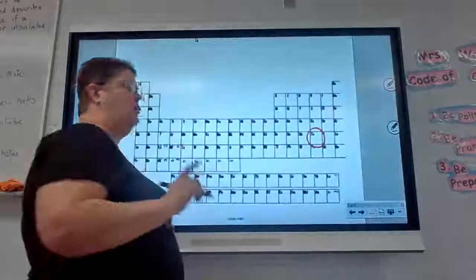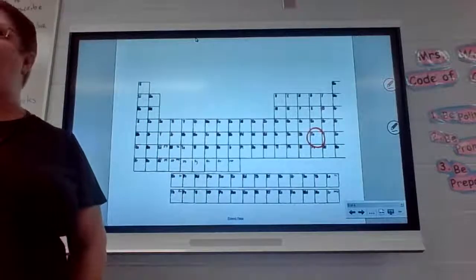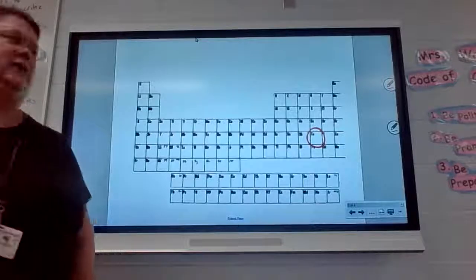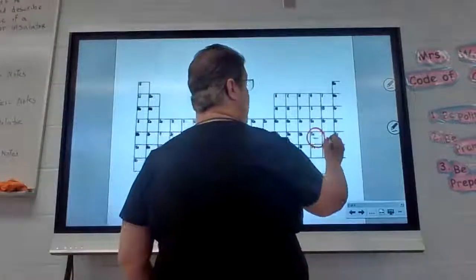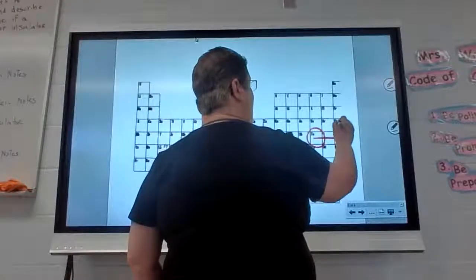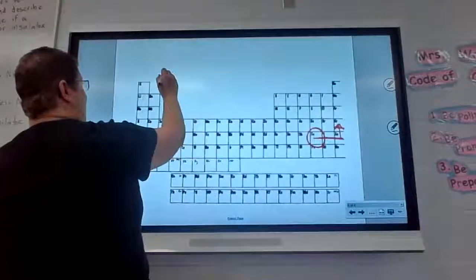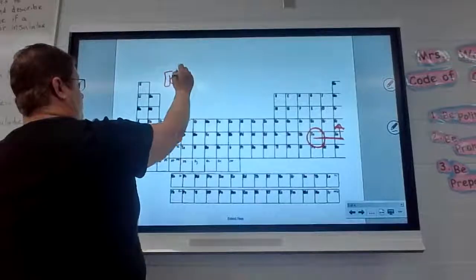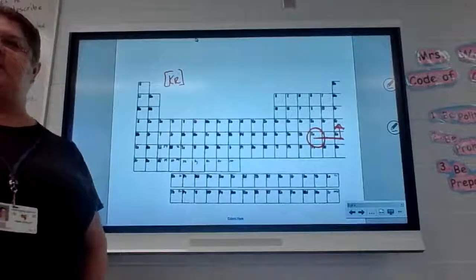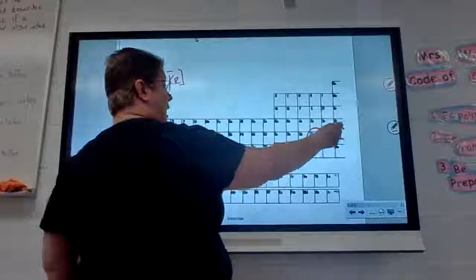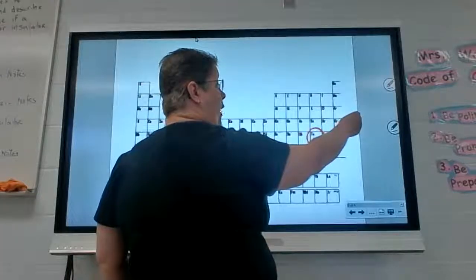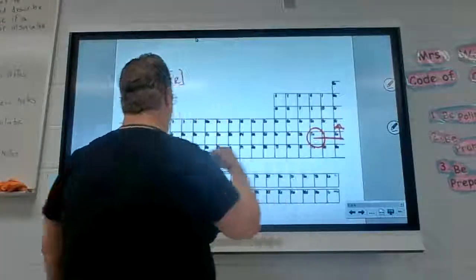What is the closest noble gas? Well, we can't go to XE because we'd have too many electrons. We need the one before it. So go to the end of the row and go back one. So KR. Okay? So we're going to write KR in brackets. Now we write the rest of the configuration. We're at the end of the row. So we go where? Down one row.